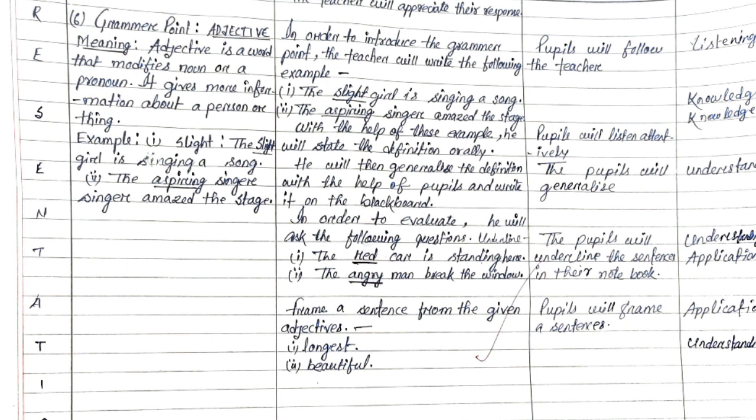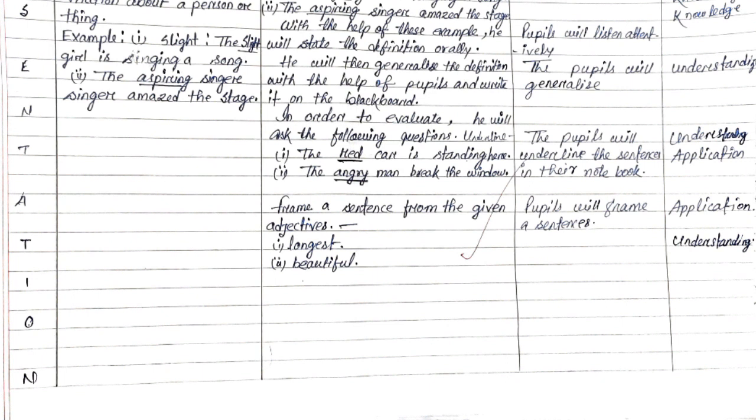Then after generalization of the meaning or definition of the grammar point like adjectives, we have to ask some other questions, like underline the adjectives from the following sentences, and for evaluation he will have to ask some questions.